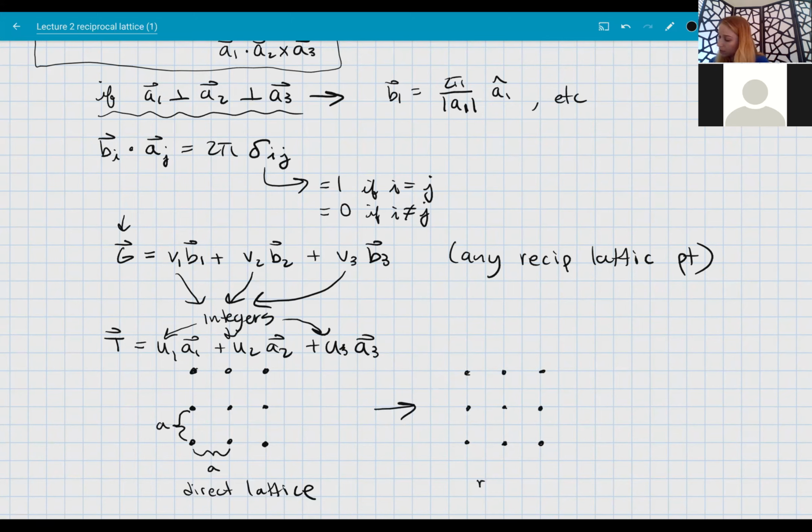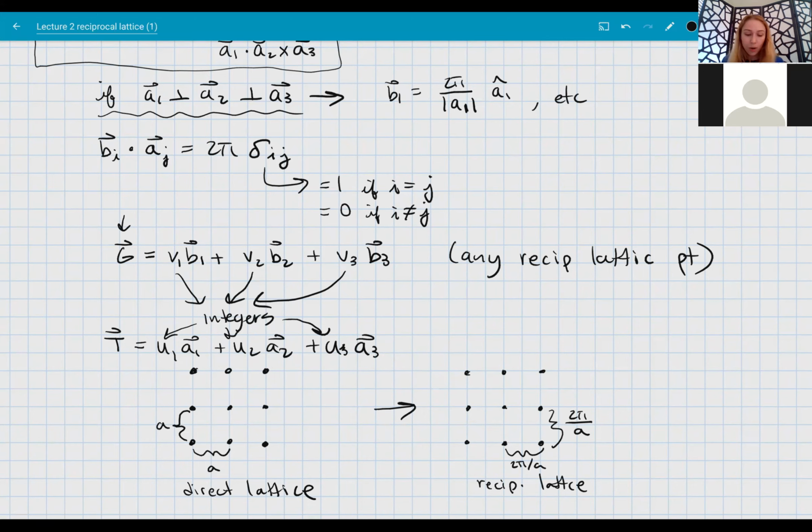This is the reciprocal lattice, and it's not the direct lattice because of units: these units are in inverse length. The spacing between adjacent points in this square lattice is going to be 2 pi over a.